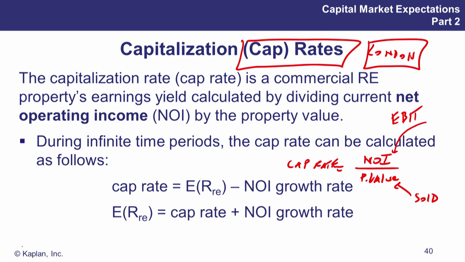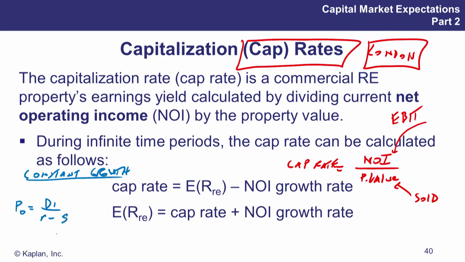Let's just link in some prior knowledge that you know already, and go back to an old favourite, our Gordon's growth, our constant growth model. It is everywhere in economics, and here it is again, where we know that the price or value today is the next dividend over R minus G, our required return less our growth rate.